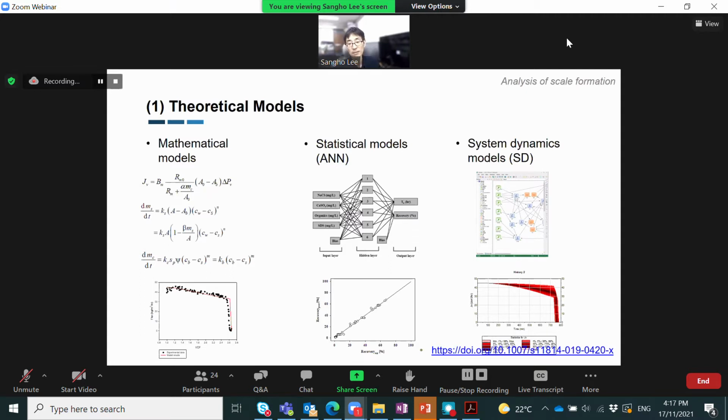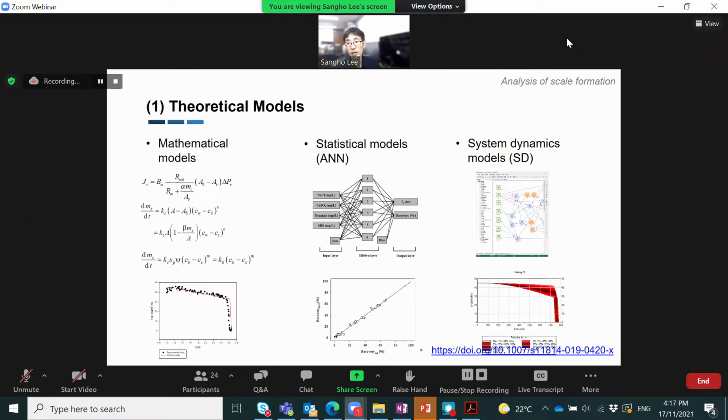Sometimes this simple model may not be accurate, so in that case, we apply ANN or some other techniques to statistically predict scale formation and membrane fouling.